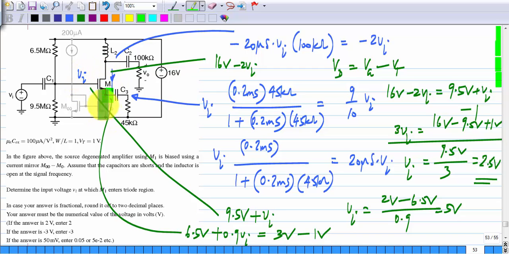But that's not really the swing limit, because when Vi is minus 5 volts, M0 enters triode region, and we cannot make Vi any more negative without driving the transistor into severe nonlinearity. So the upper swing limit is plus 2.5 volts and the lower swing limit is minus 5 volts.